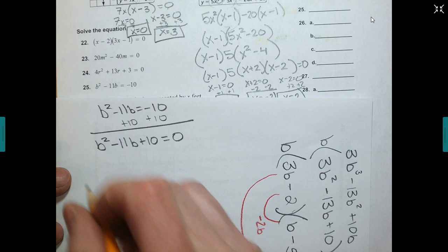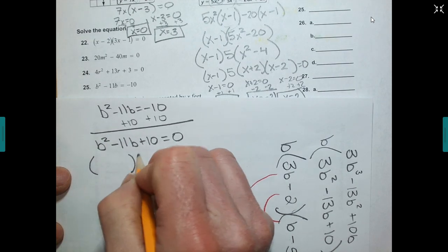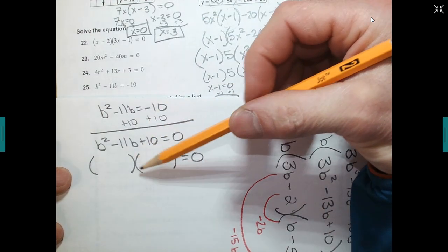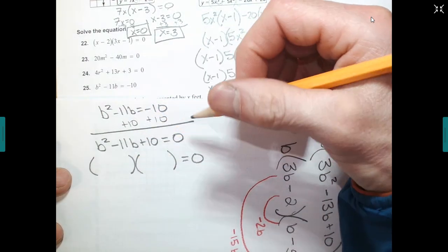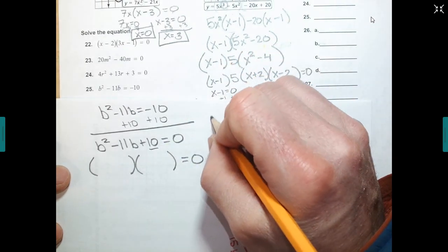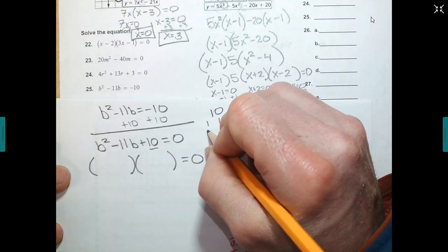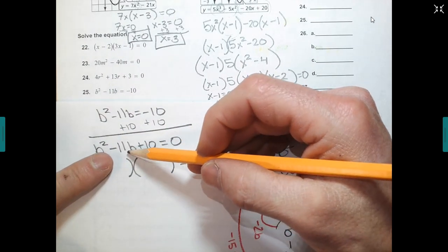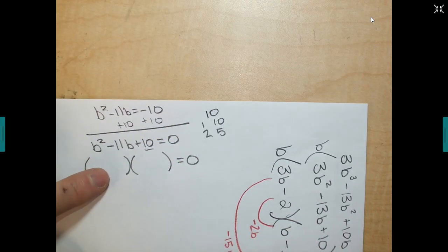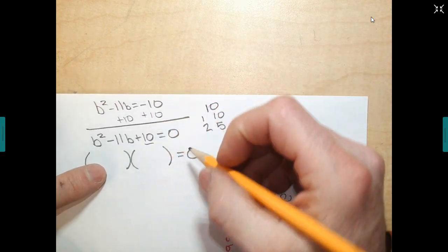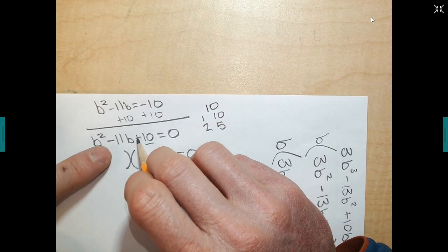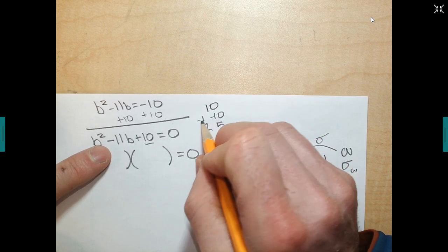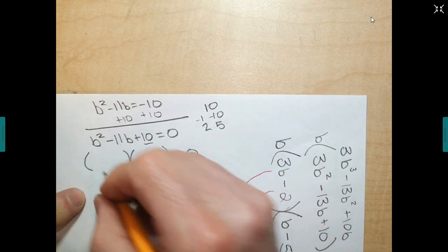I don't have anything to pair, so I'm going to have to factor this trinomial straight away. So don't forget, I take my factors of 10, and I see which ones can add or subtract up to negative 11. So I see that this is positive, so that means these are either both negative or both positive. So if I put them both negative, negative 1, negative 10 equals negative 11.